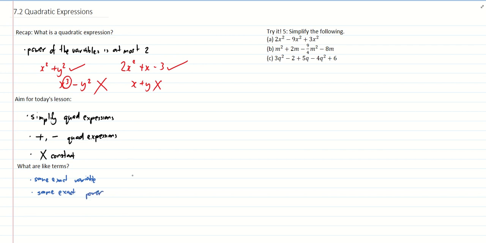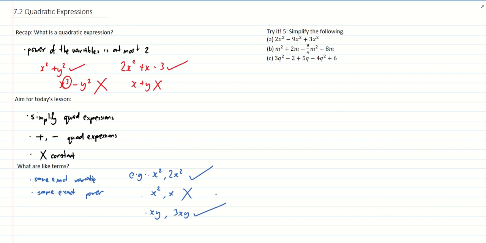For example, things like x squared and 2x squared are like terms. But things like x squared and x are not like terms because they have different powers. You can also talk about maybe xy and 3xy. They are like terms because they have the same exact variables, and each variable has the same exact power.